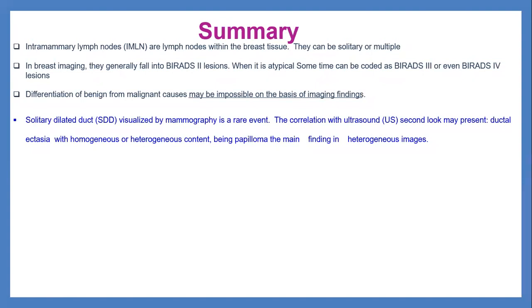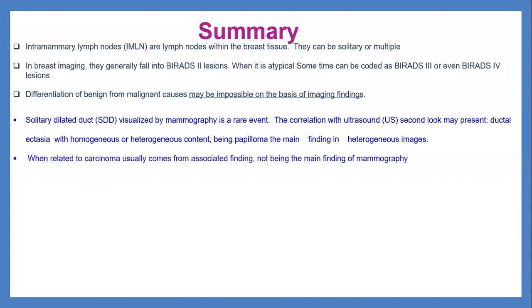When we do ultrasound, we either find a homogeneous duct in a case of ductectasia or heterogeneous, like in a case of papilloma or even DCIS or carcinoma. When related to carcinoma, it usually comes from associated findings, not being the main finding of mammography.